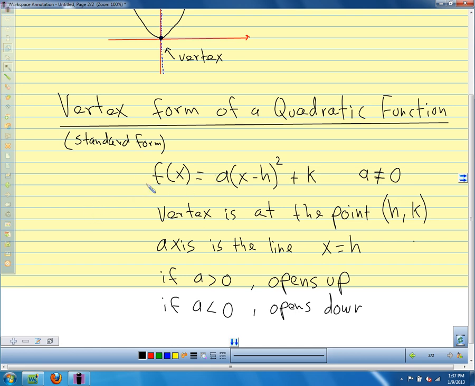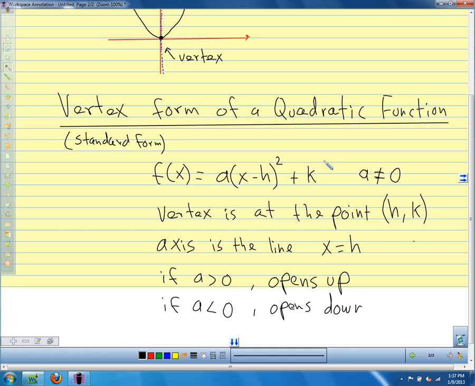The other thing that we can do when we put our quadratic function in vertex form is figure out where our parabola crosses the x-axis. So that's going to tell us how wide it is. If we have our function written in this form, how do we tell where it crosses the x-axis? Anybody remember how we tell where a function crosses the x-axis? You set something equal to 0.